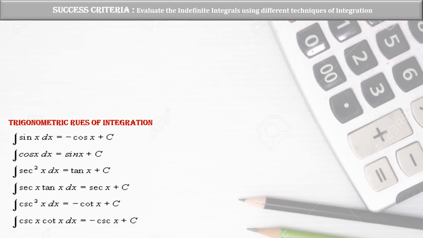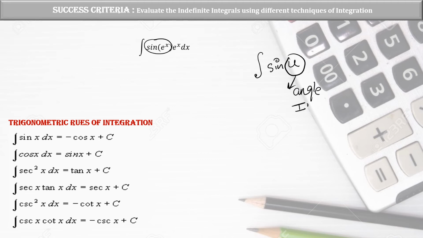Now, what if the question comes with only one trigonometric function? When only one trigonometric function is given to you, consider the formula sine of u, meaning consider the angle as the inner function. So the angle is u and this is the inner function. Take the derivative of the angle.